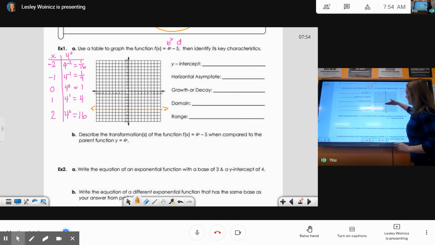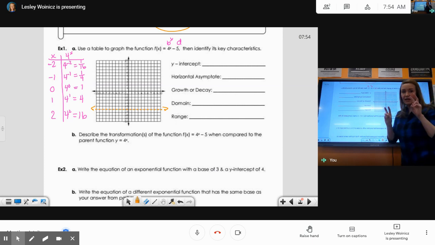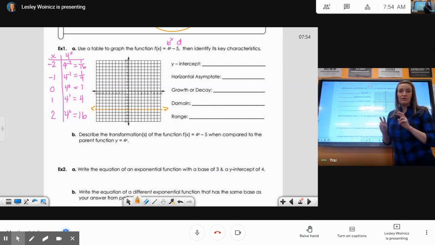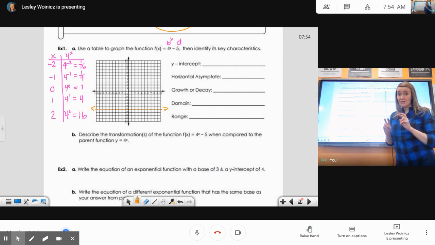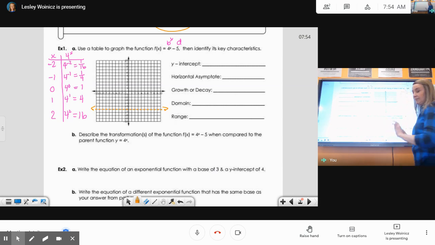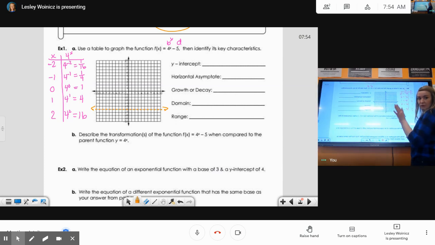Now from this horizontal asymptote, I'm going to graph these pretending like it's my x-axis. So I'm not going to graph from my x-axis, I'm going to graph up from my asymptote. Okay, bear with me. I'm going to leave my y-axis normal, it's not moving, but I'm going to pretend like my x-axis has dropped.